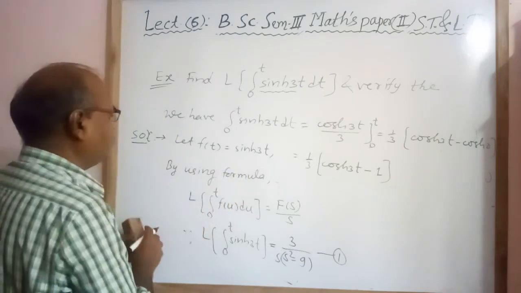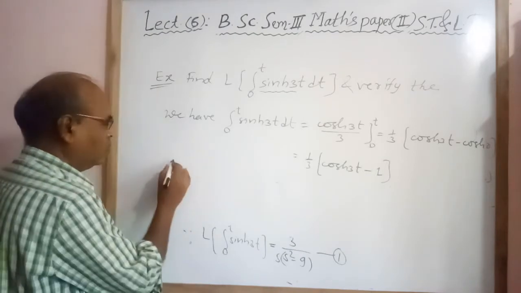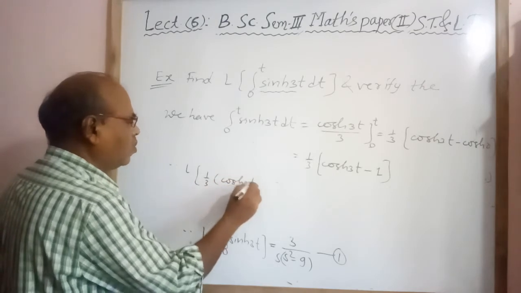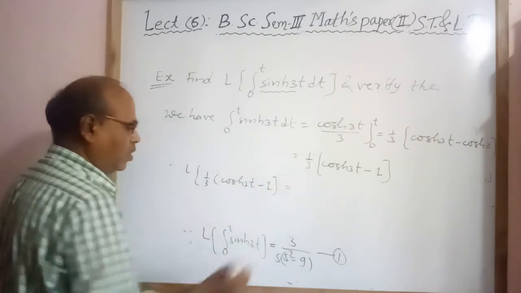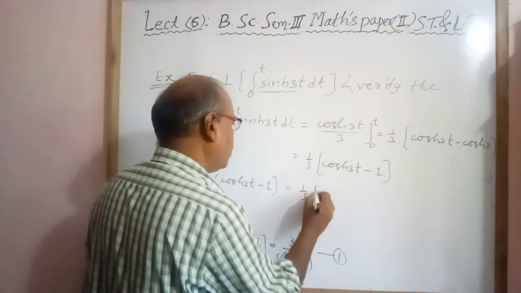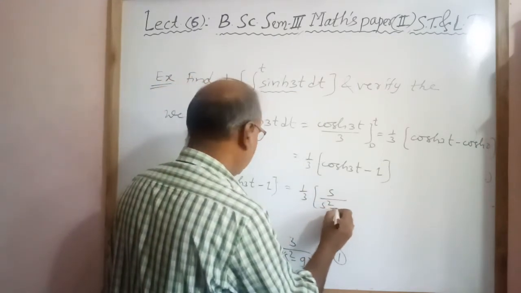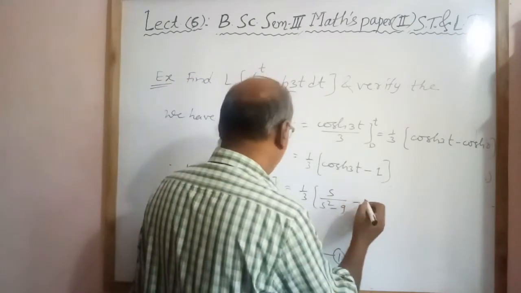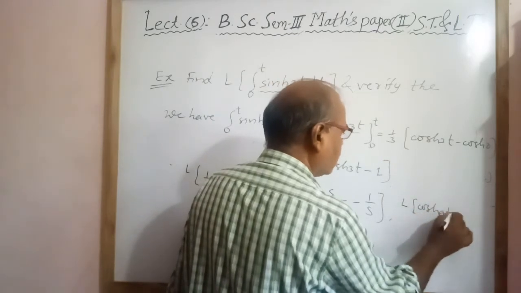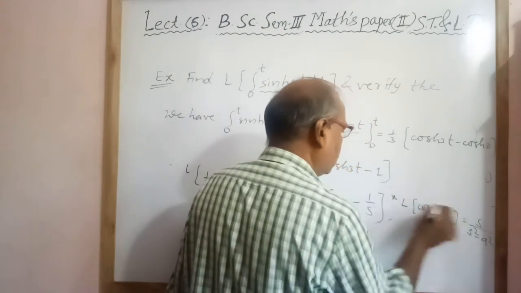Then we take Laplace of this. Therefore Laplace of 1 by 3 into cos h 3t minus 1 equal to 1 by 3 constant, Laplace of cos h 3t is s divided by s square minus 9, minus Laplace of 1 is 1 by s, since Laplace of cos h at is given by the formula s divided by s square minus a square.